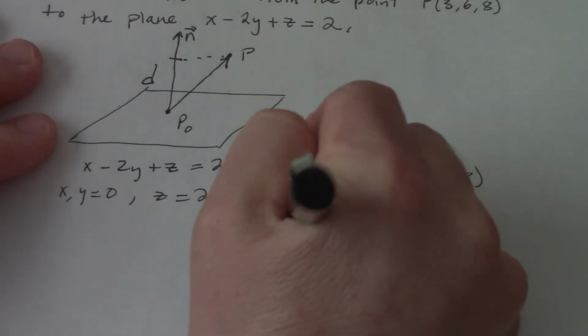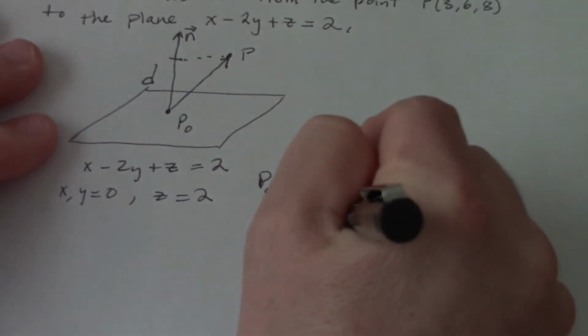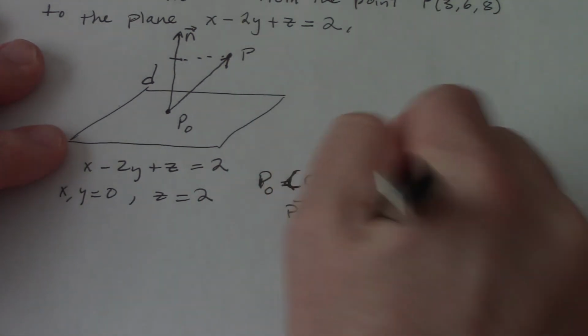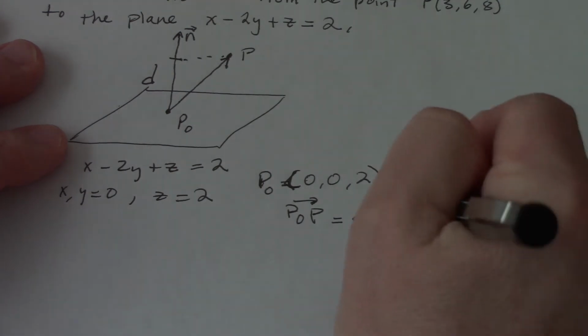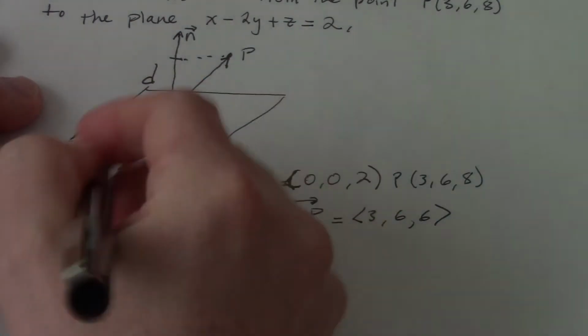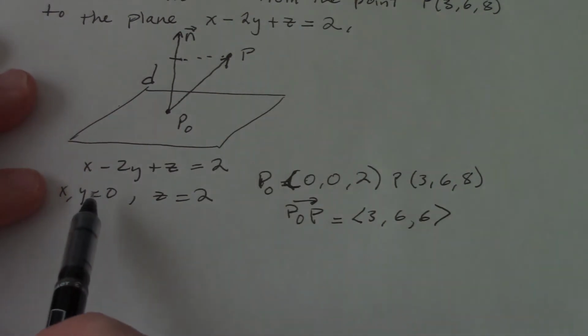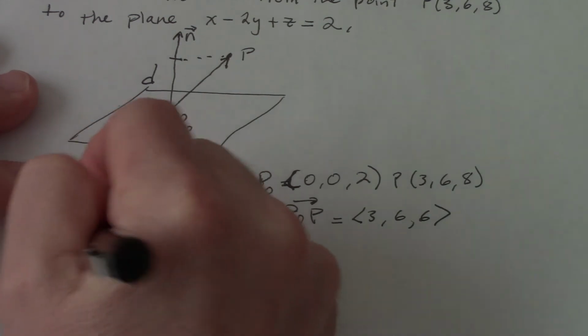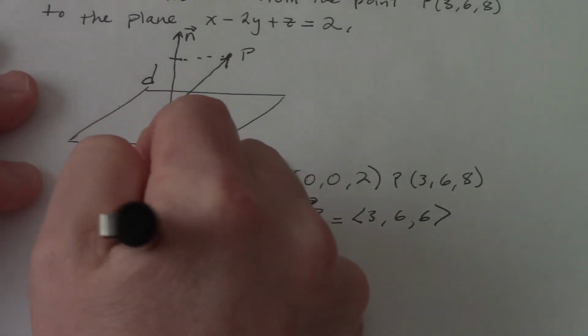So P0P would be 3 minus 0, 6 minus 0, and 8 minus 2, so 3, 6, 6. From the equation of the plane, we can just look at the coefficients of x, y, and z and see that the normal vector is 1, minus 2, 1.